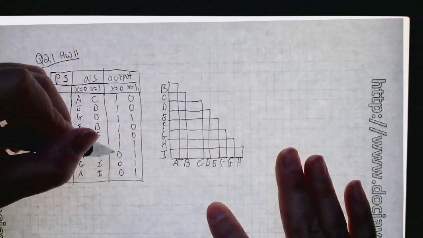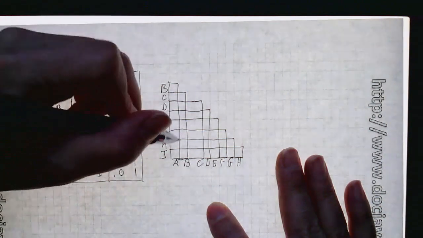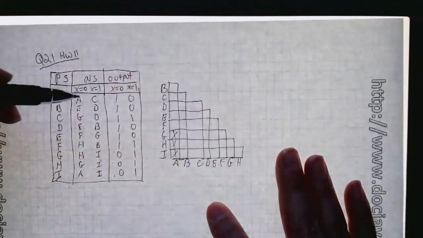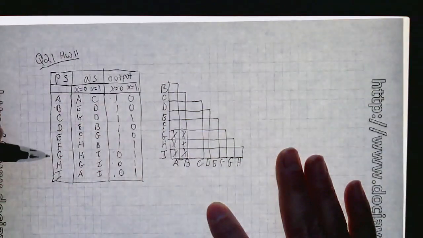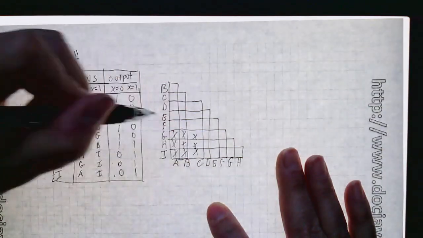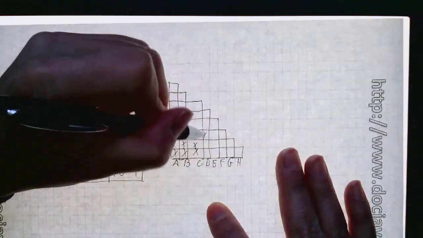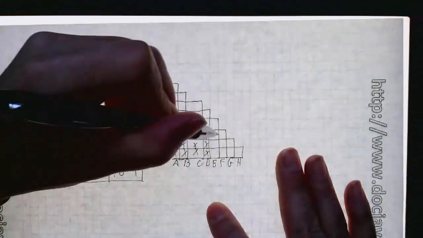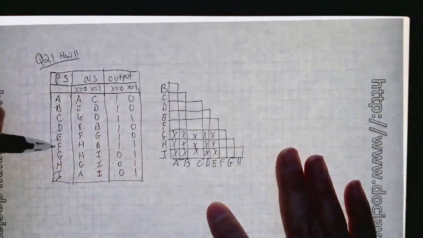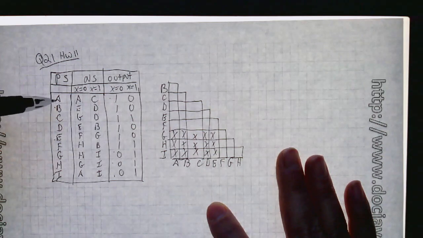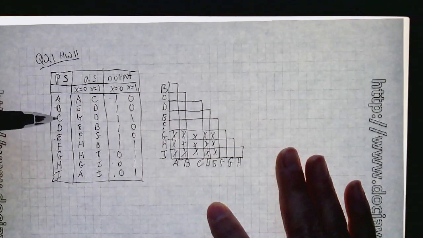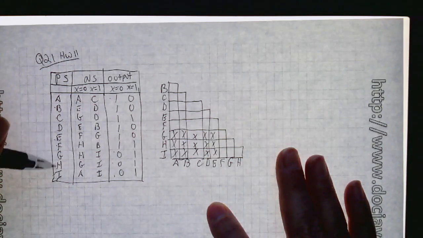A must be different from G, H, and I. B must be different from G, H, and I. C must be different from G, H, and I. D must be different from G, H, and I. E must be different from G, H, and I. Actually, we'll keep going. F must be different from G, H, and I.